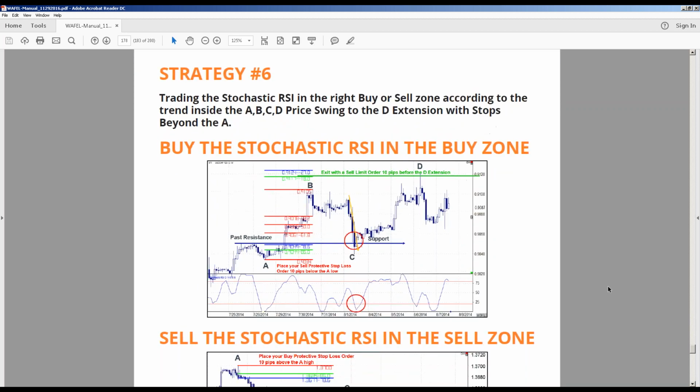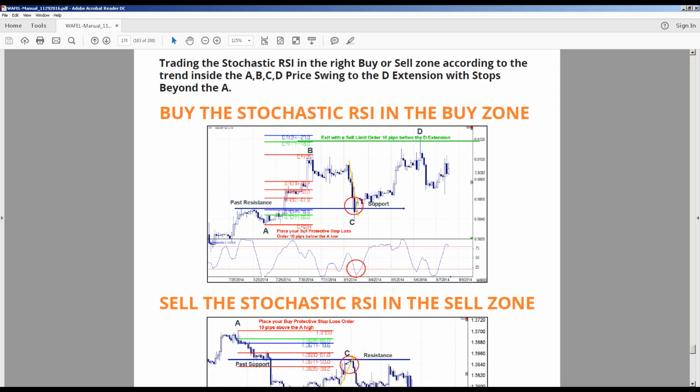Now strategy number 6 is about trading the stochastic RSI in the right buy or sell zone according to the trend inside the ABCD price swing to the D extension with the stops beyond the A. So here's an example. Buy the stochastic RSI in the buy zone.